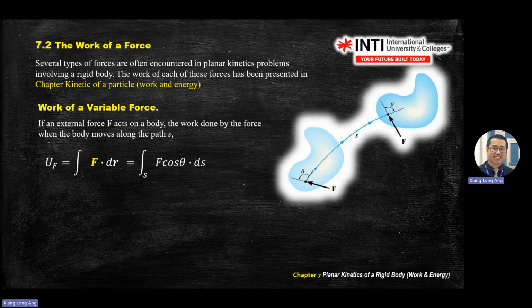So we have a general equation where you can convert your R into S with theta. This is just a recap of a section of a circular body, theta, S and R. S equals R theta. So this is F cos theta, right? I need to highlight here, we are focusing on theta. Theta is between the tail of the force and the displacement.